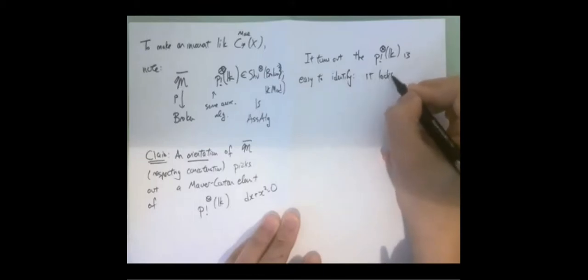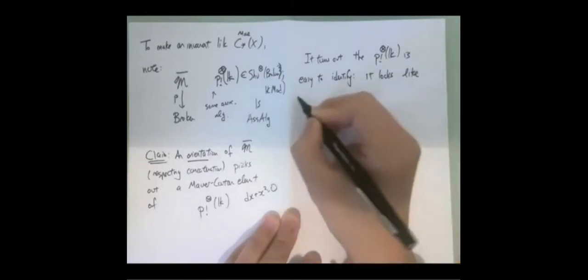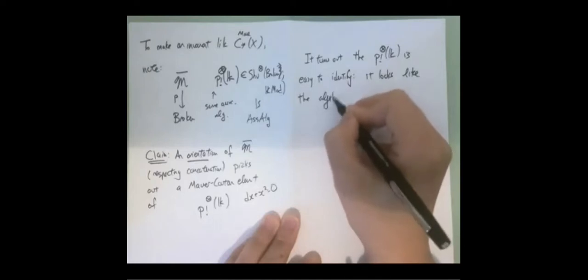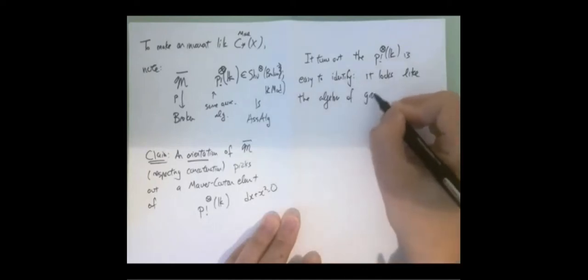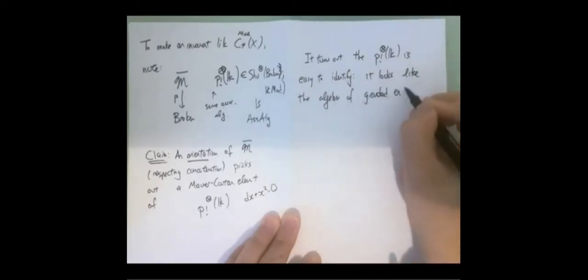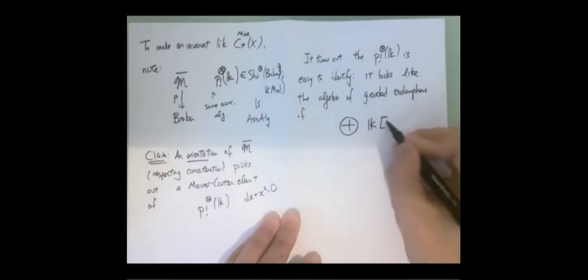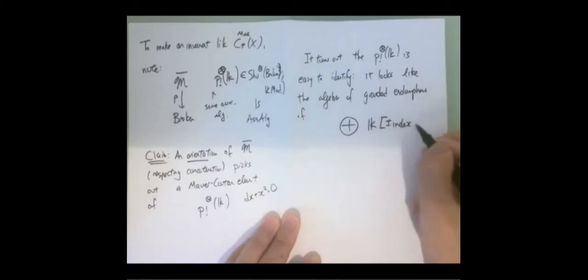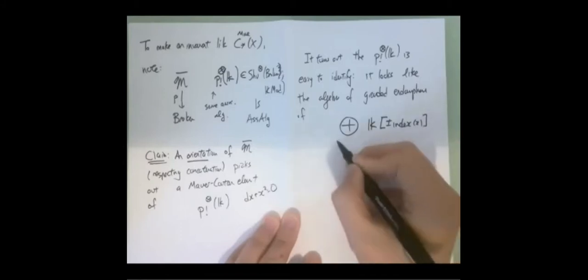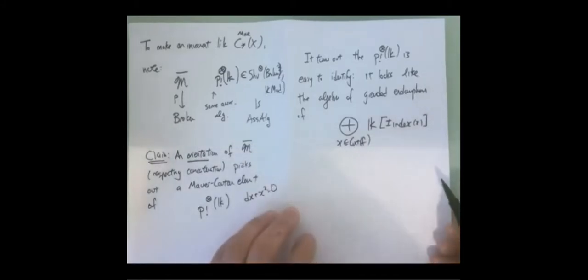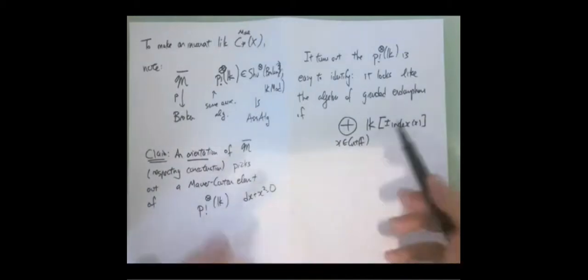It looks like the algebra of graded endomorphisms of this object that we saw earlier. This is in the Morse theory setting. If this were in the holomorphic strip setting, I didn't tell you what the generators were, but this would just be a graded object, the direct sum of the generators.